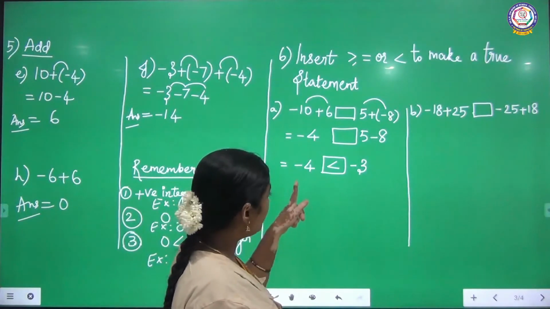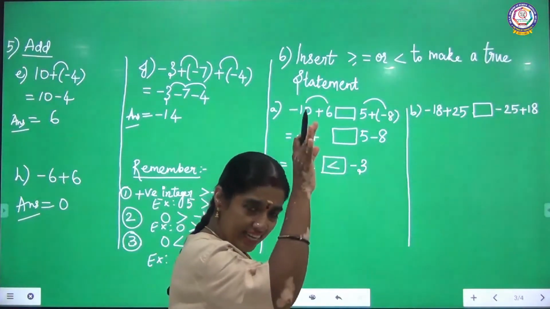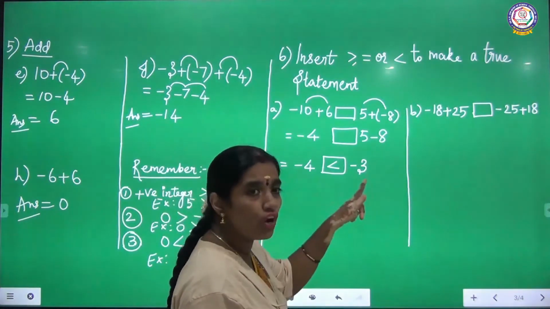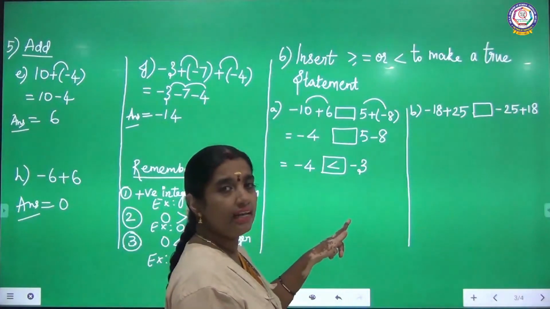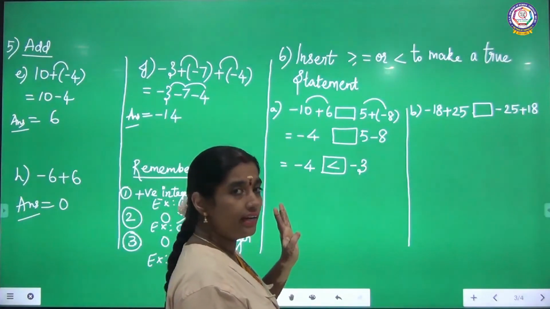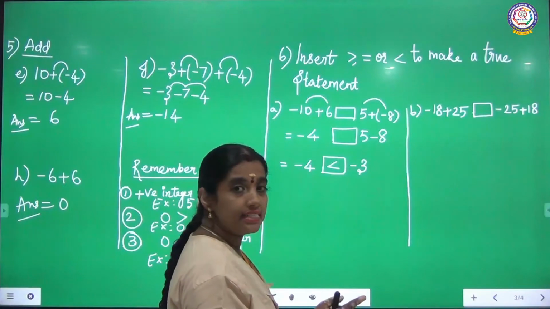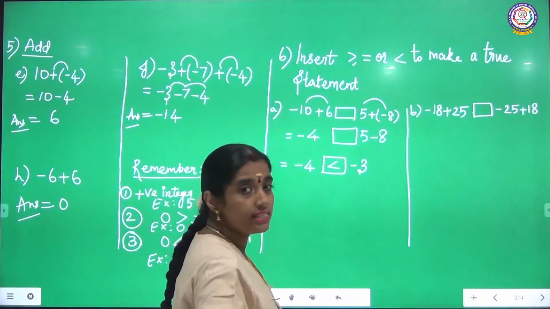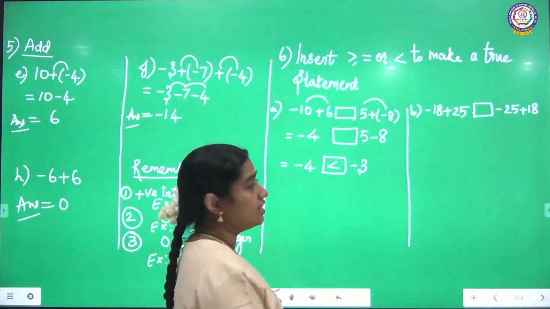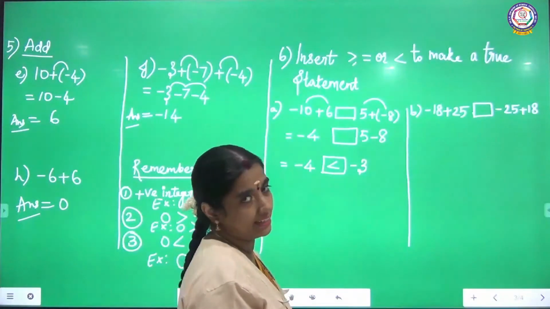So, when I compare minus 4 and minus 3, minus 3 is greater. If both are negative, the smaller number is the greater. If you are comparing positive integers, 3 and 4, then 4 is greater. But here you are comparing negative integers, so the smaller integer has to be the greater.